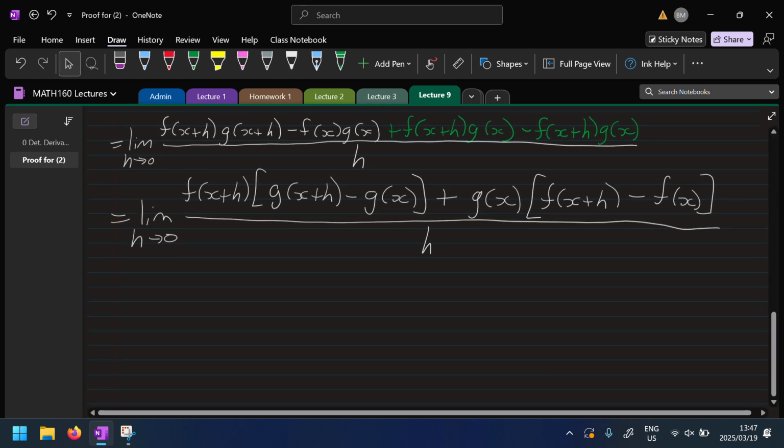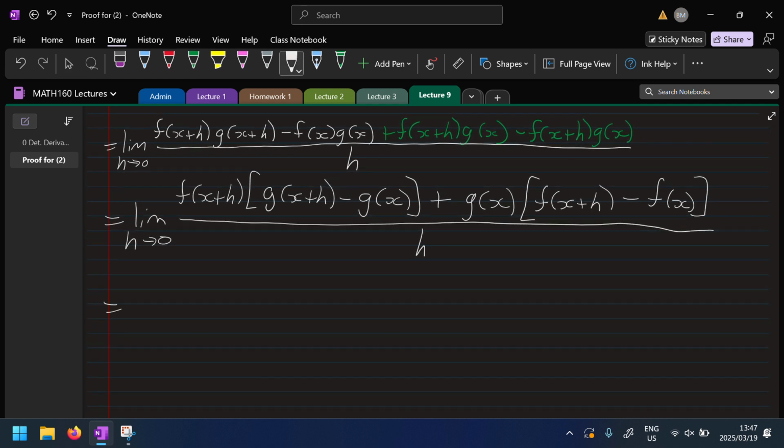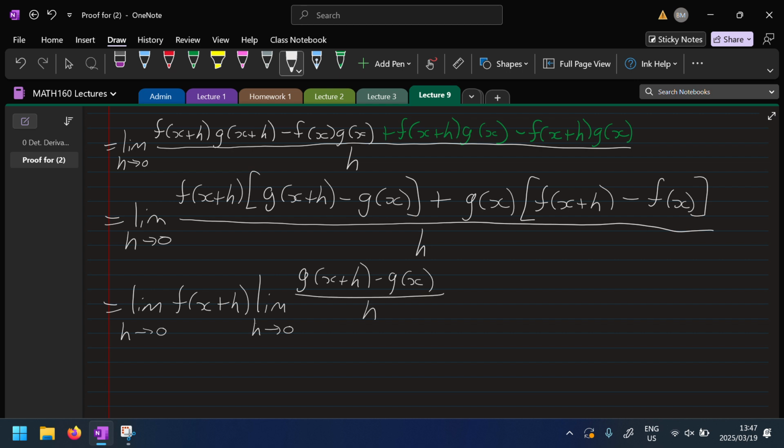Yeah. So let's write this as the limit as h goes to 0 of f of x plus h. Then the limit, I'm just using the limit laws. I can split up products like this. Limit h goes to 0, g of x plus h minus g of x over h.